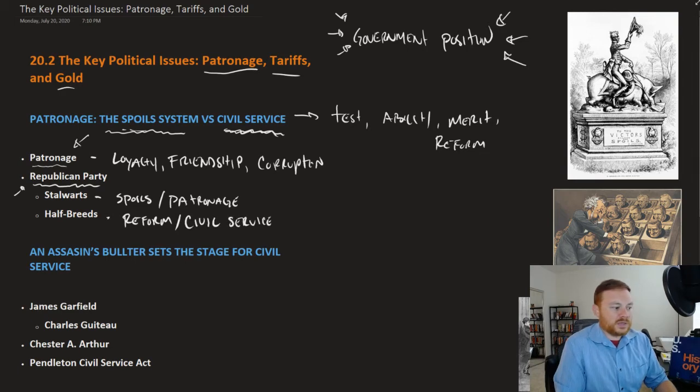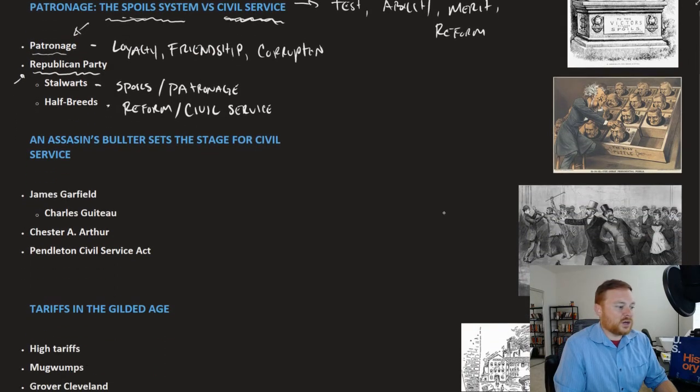And so this played out in the election of 1880, which saw the election of James Garfield, who was a Republican, but was also a half-breed.